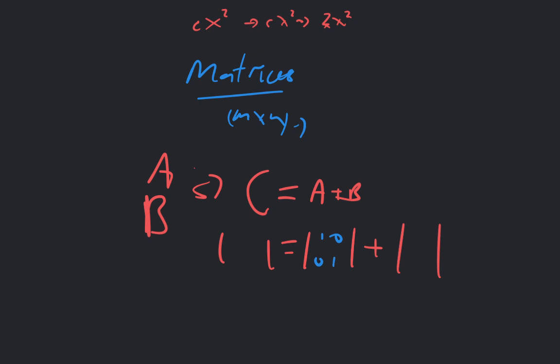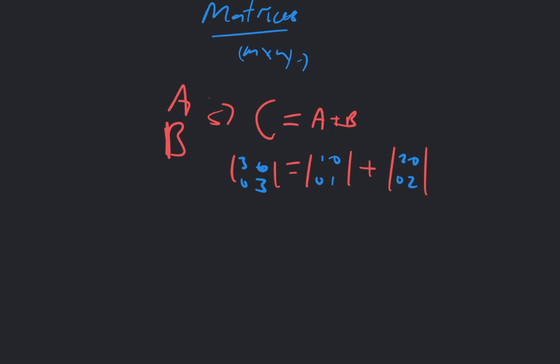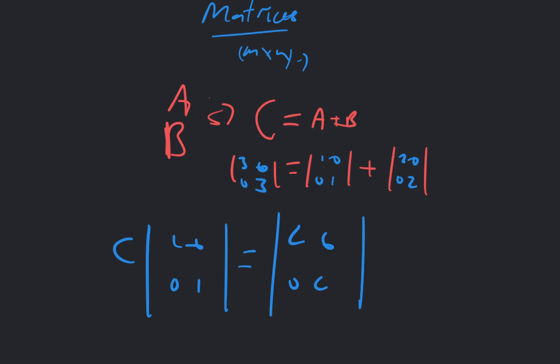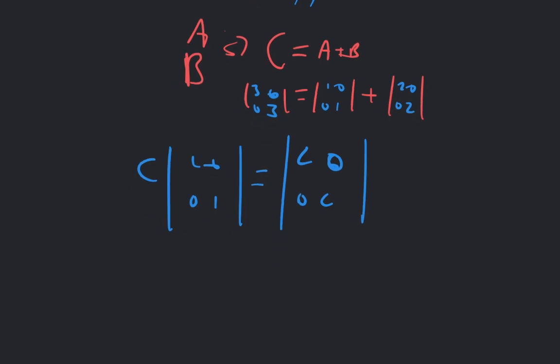Let's say we have the identity plus double the identity, and that would be triple the identity. You get the same size matrix. You can scale a matrix by a constant, and it would still be a matrix of the same size.